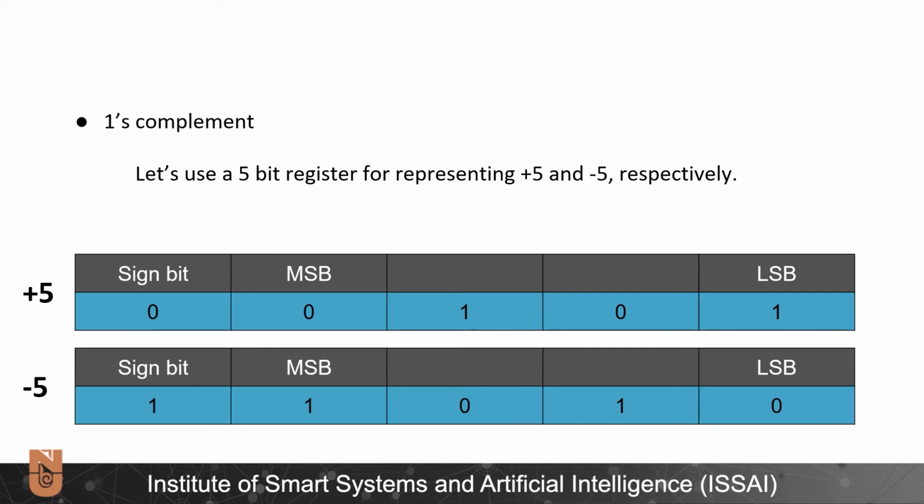And the rest is positive 5 in binary, which is 0, 0, 1, 0, 1. To make it negative 5, we toggle each bit and get the result as in the second table, which is 1, 1, 0, 1, 0. Notice that the sign bit changed from 0 to 1.